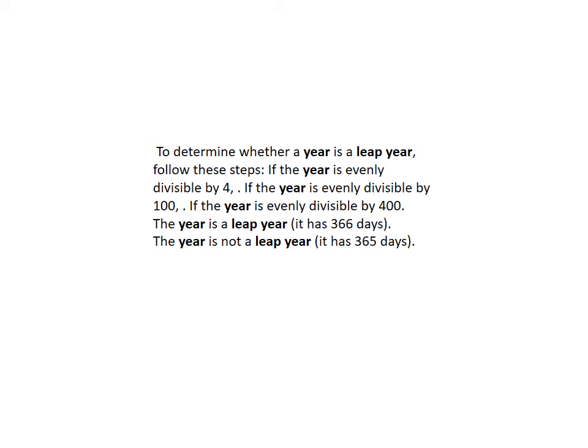The time left out is generally added every 4th year as an extra day in February. Then the year has 366 days and is called a leap year. February, which has 28 days in a common year, has 29 days in a leap year.